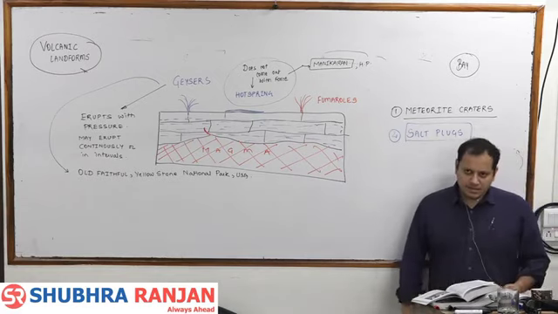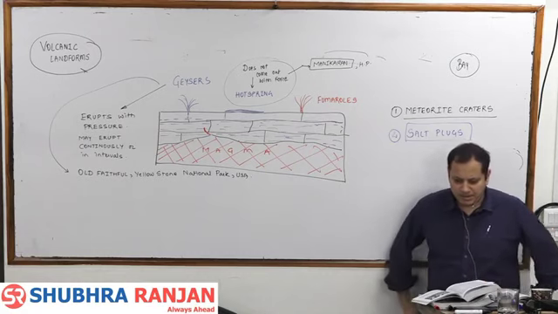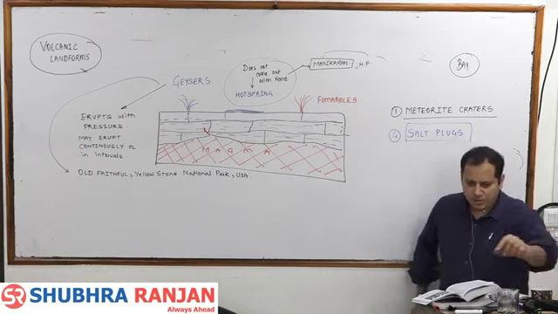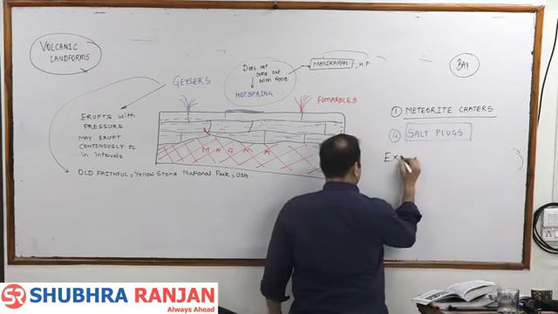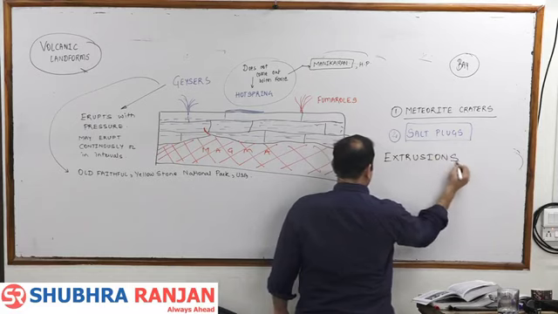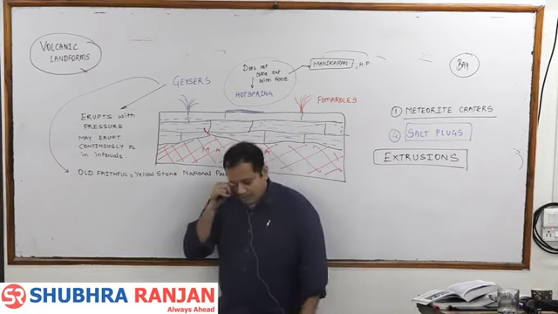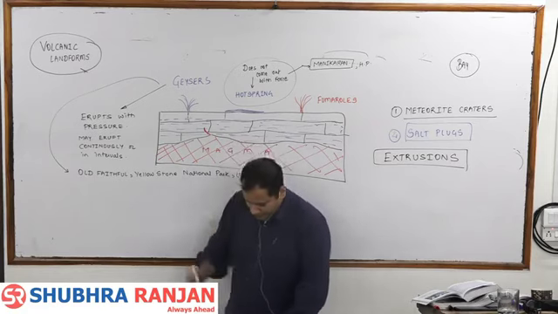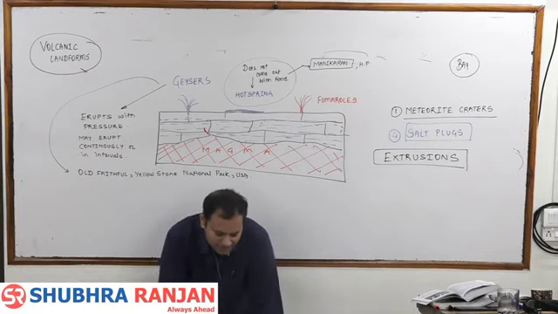In the desert regions, salt extrusions, or in other words, salt extrusions, write in brackets, this is just for your understanding.